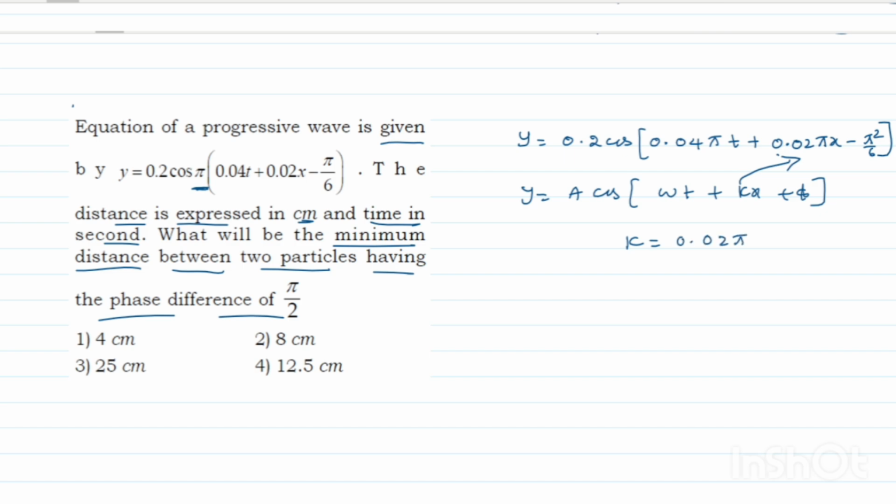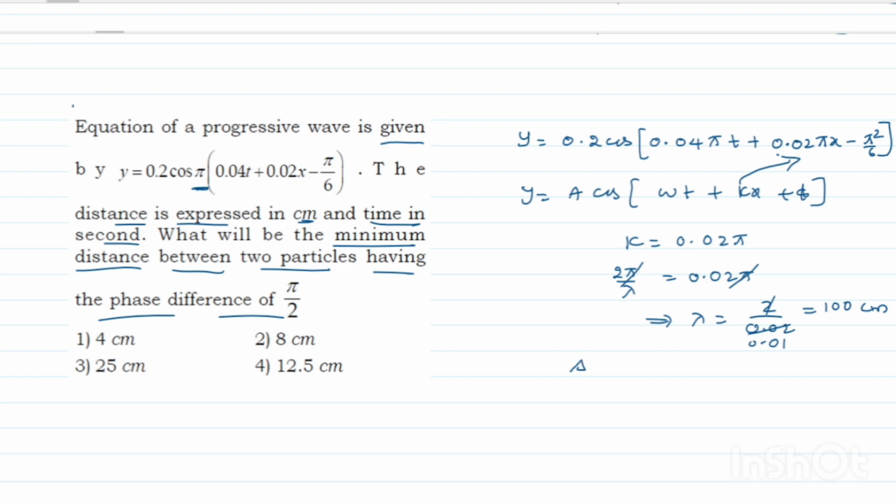K is nothing but 2 pi by lambda, which is nothing but 0.02 pi, and here this pi gets cancelled. Then the lambda value will be 2 by 0.02, which is 1 by 0.01, that is 100. It is in centimeters. Lambda you are getting as 100 centimeter.